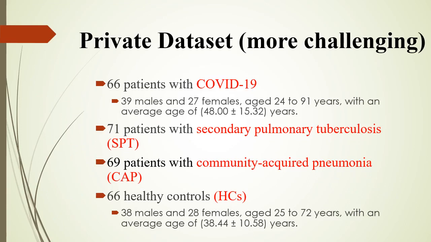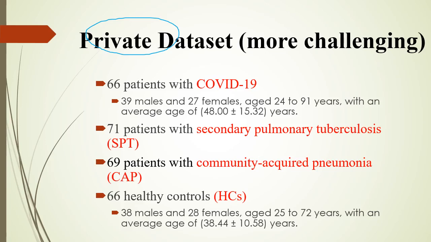Meanwhile, we also prepared a private dataset. So why do we need a private dataset? Because we think the public dataset is a bit easy for training our model. We just used some simple deep neural networks, and the accuracy can reach 99%. We analyzed the reason, and we found their pictures are all high quality. But in realistic situations, CT scans are sometimes influenced by noise.